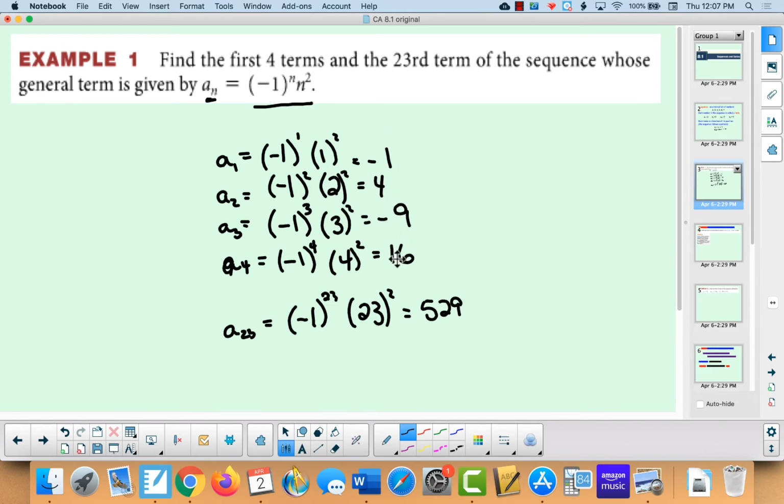If we were to write out the sequence, our first term would be negative 1, our next term would be 4, our next term would be negative 9, our next term would be 16, and so on. So we could figure out what the next term is by looking at this term, but we don't have to. We have this formula here, how to find all the terms. So I don't have to find the first 22 terms in order to figure out the 23rd term. I can just use this formula.